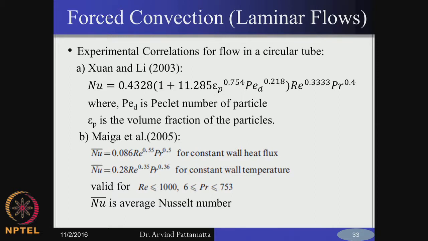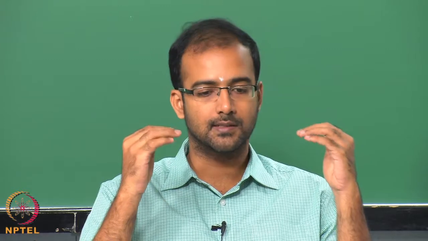So there are some standard correlations for laminar flows. One is proposed by Zhuan and Li, and these are average Nusselt numbers. That means you are not looking at either the developing region or the fully developed region, but overall for the entire tube, which has both these components, developing and developed, you are calculating the average Nusselt number.